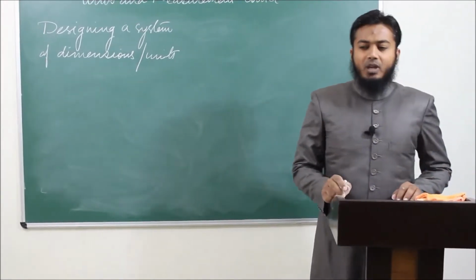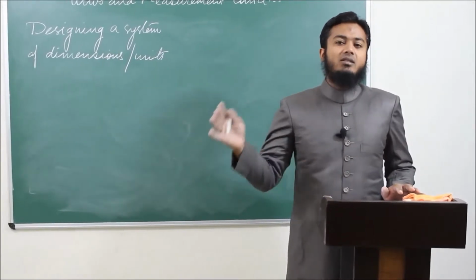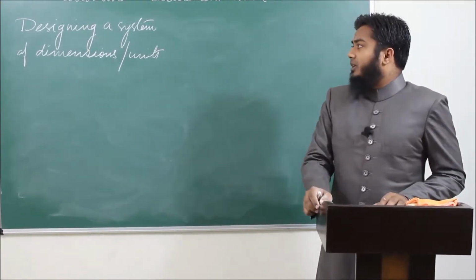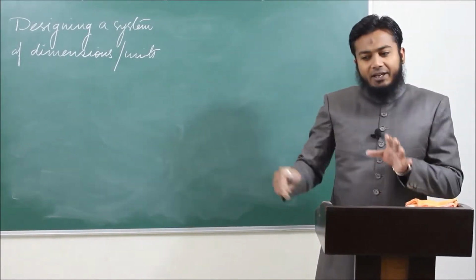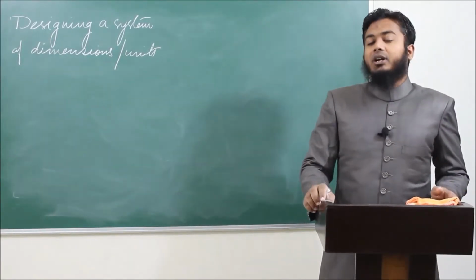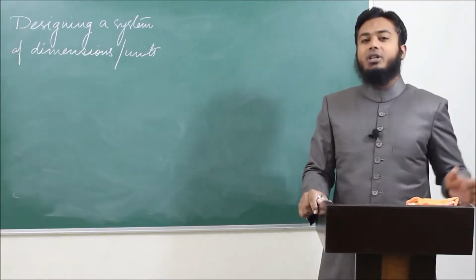So we know that in SI system, the base quantities are mass, length, and time, and there are 4 other quantities. But the dimensional analysis allows us to decide the base quantities, and in terms of those base quantities, we can calculate the dimensional formula of any other physical quantity.